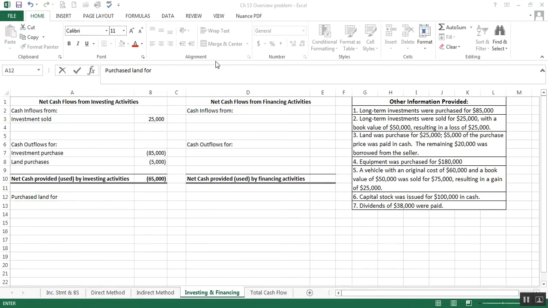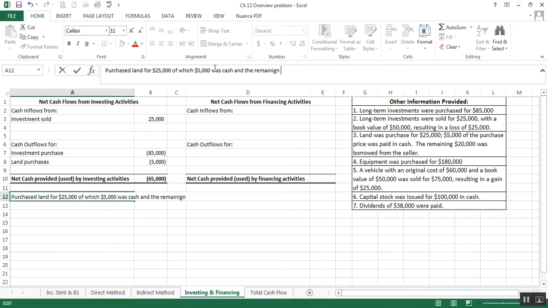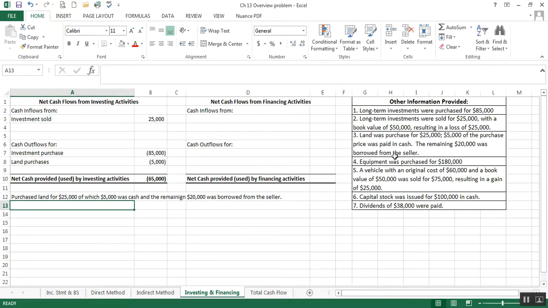All right, so we purchased land for $25,000, of which $5,000 was cash, and the remaining $20,000 was borrowed from the seller.